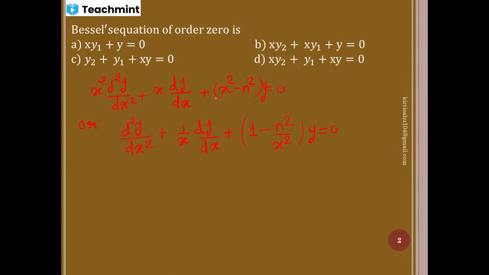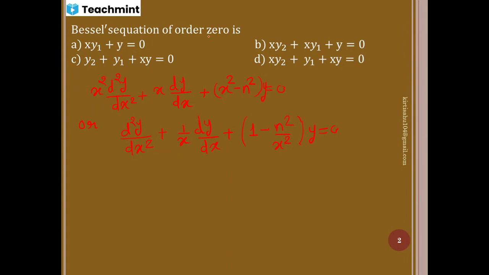So these are the two different forms. Why am I telling you so? Because sometimes instead of Bessel's equation of order n in this form, they may give you this expression, so you should understand that this is another form of the Bessel's equation. This is for order n, because of the n square term.